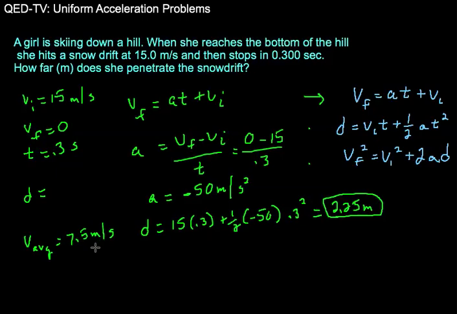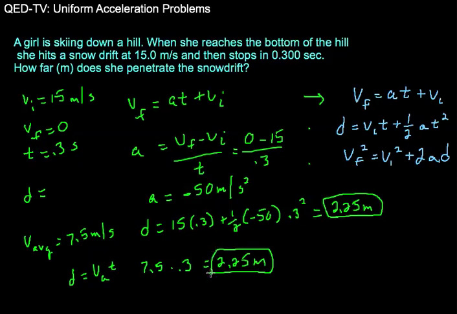So now all I would need to figure out the total distance traveled is to take the average velocity. The distance would be the average velocity times time. Well, they gave us a time as 0.3 seconds. So if I just take 7.5 times 0.3, you will notice that I again get 2.25 meters.